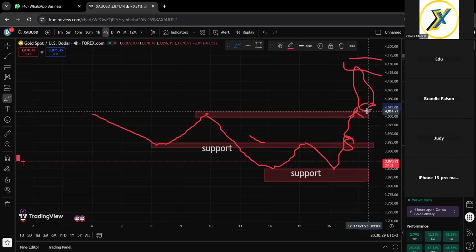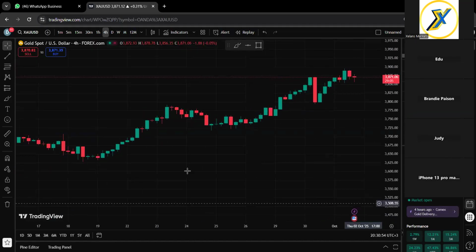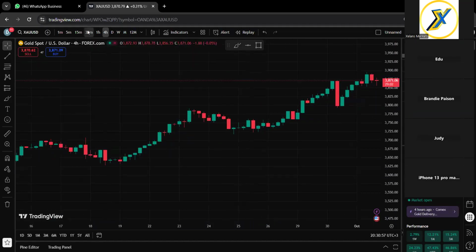Now, let's identify support and resistance in our live Forex market. Let's see how this market has been behaving.